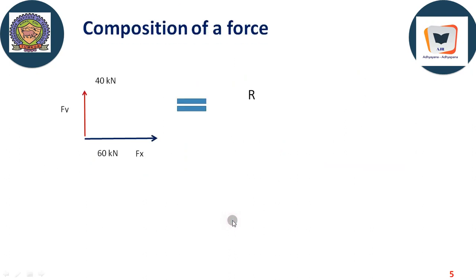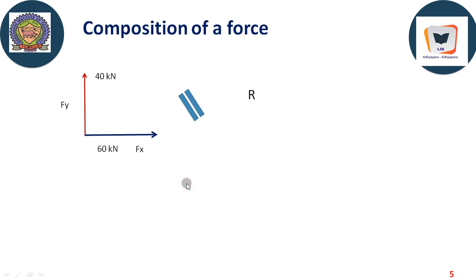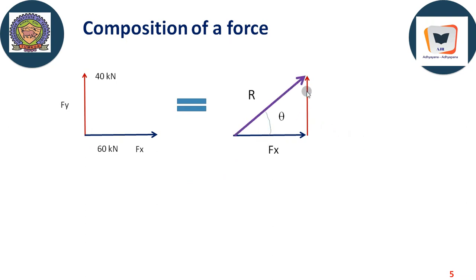Now we have composition of force also. Let us say we are given two forces, one acting horizontally, the other acting vertically. We will cut them to scale. It will become like this. This is 60 kilonewton Fx, and this is 40 kilonewton Fy, and we have cut them to scale, and we will draw this.